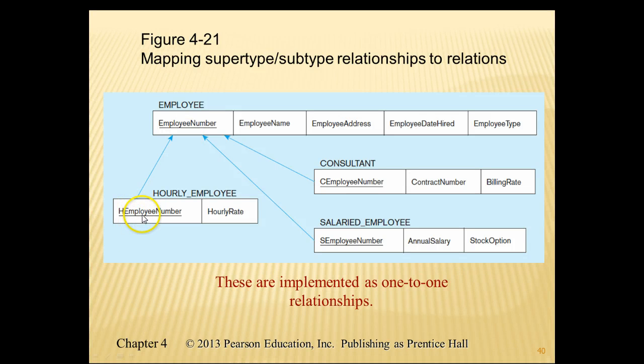Now, of course, they have different attribute names when they land in those subtypes. As this figure demonstrates, these are implemented as one-to-one relationships between the supertype and the subtypes.